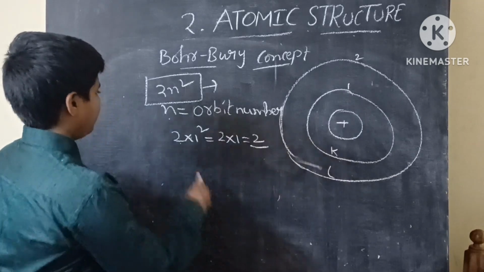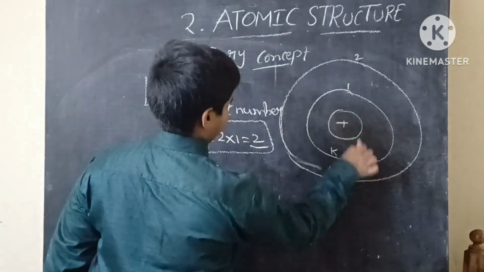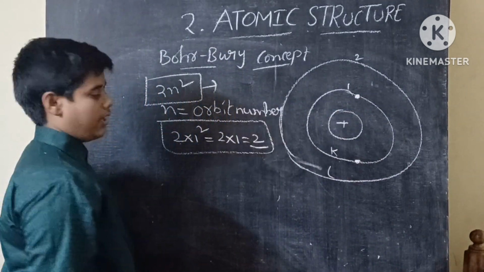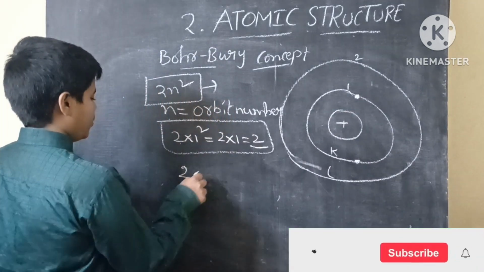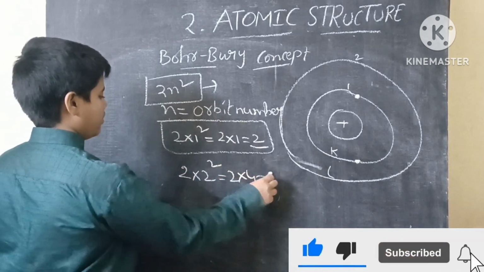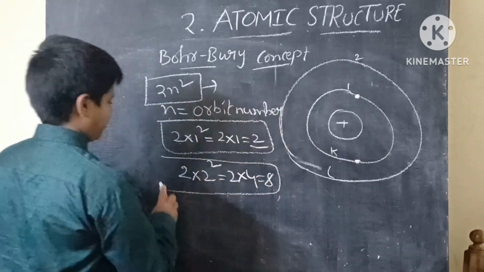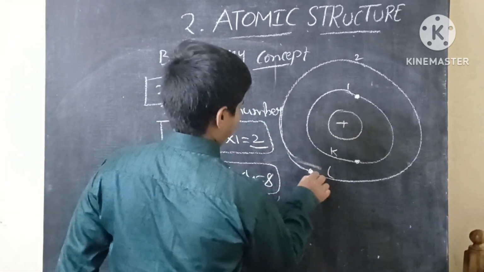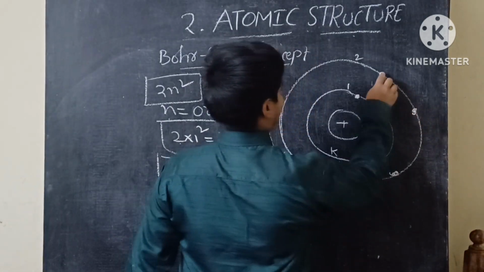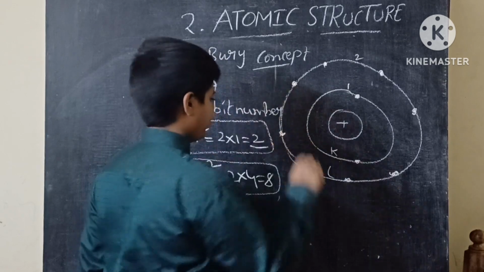So first orbit has 2 electrons. So 2 electrons will revolve in this orbit. Okay, and if I take second orbit, 2 into 2 square, which means 2 into 4, 8 electrons. Here for second orbit, 8 electrons will revolve, which means 1, 2, 3, 4, 5, 6, 7, 8.